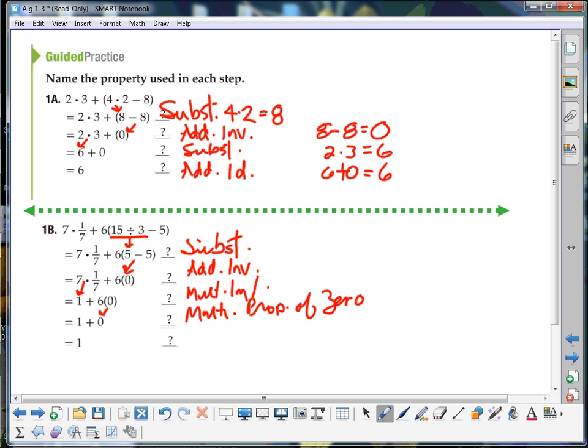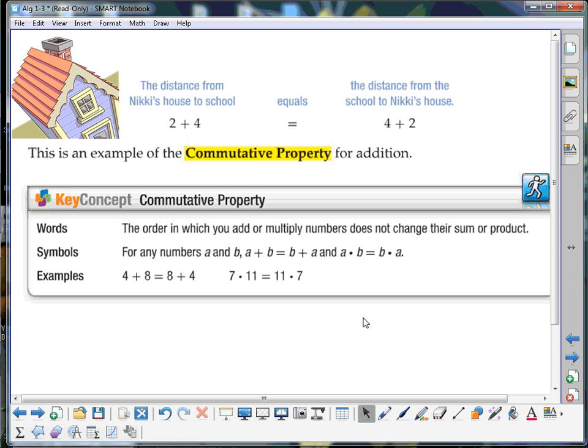And then 1 plus 0 is additive identity. 1 plus 0 equals 1. Okay. So now we're taking properties and actually seeing how we're using them.